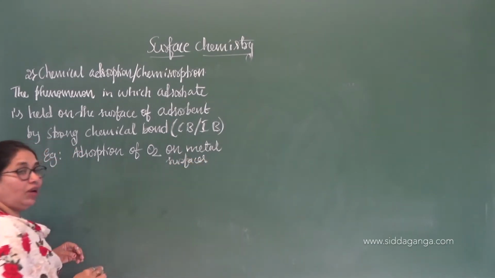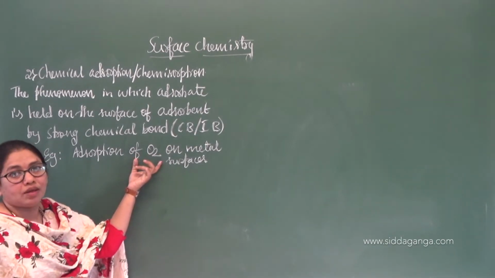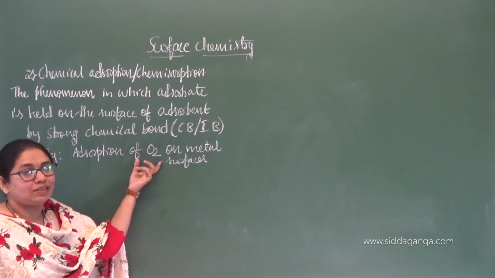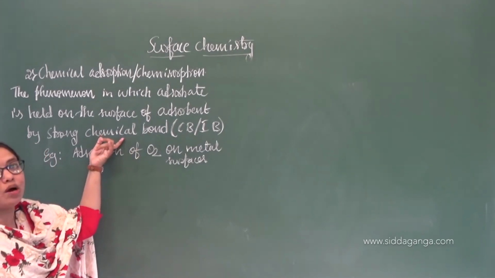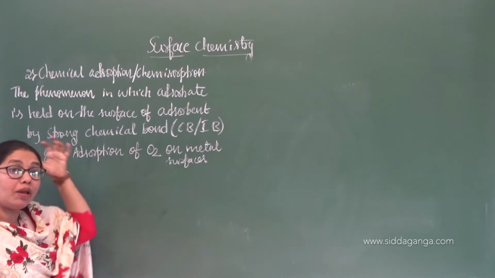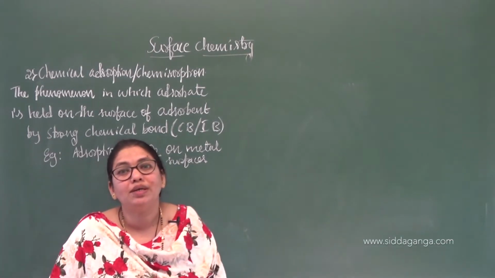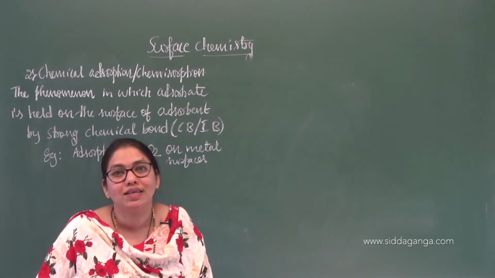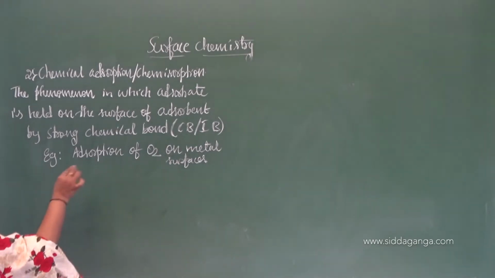Only the oxygen will attach to the metal surfaces when it forms oxides, because in oxides there is a presence of strong chemical bonds. This is one example. And for physisorption, the example is adsorption of chlorine gas on animal charcoal. Understood the example?